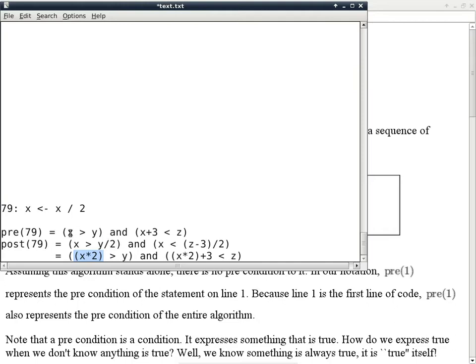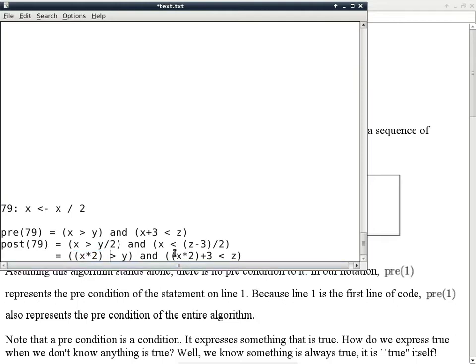Okay. So if I already know that it was greater than y before line 79, then I can also say that after line 79, if I multiply the value of x by 2, I get back the original value, and that is greater than y.